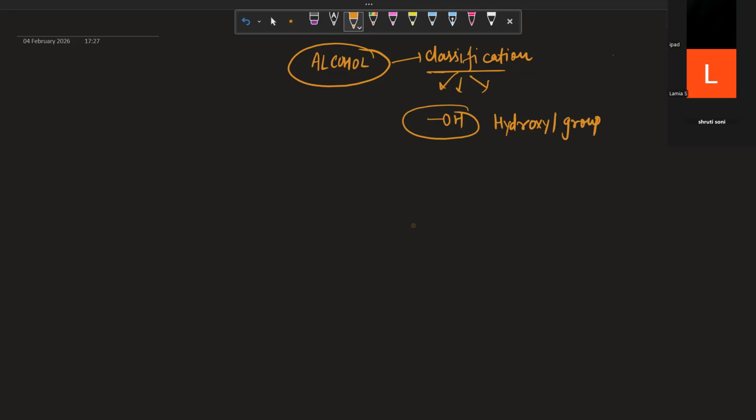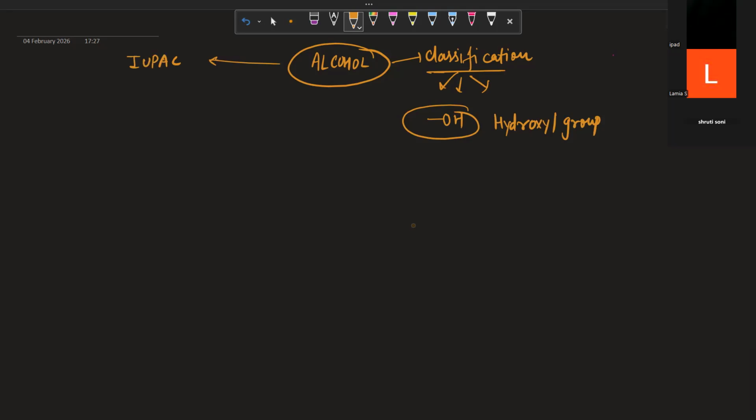It could be allylic or vinylic, and that influences the rate of reaction, the carbocation influences the rate of reaction. So classification, and then allylic and vinylic. After classification, we go with IUPAC nomenclature.